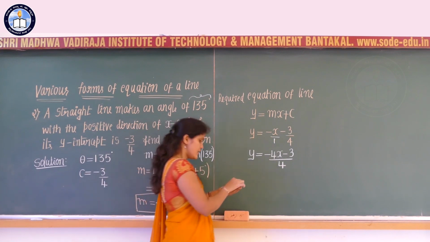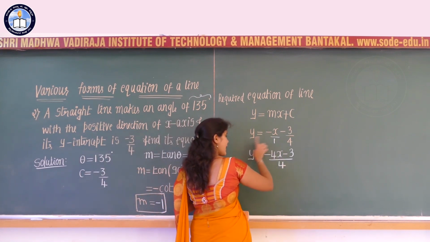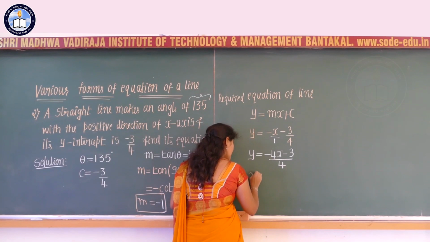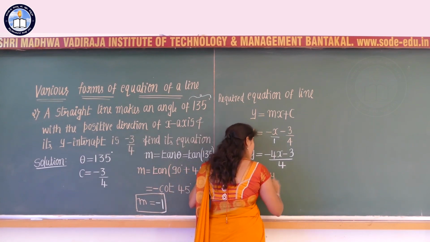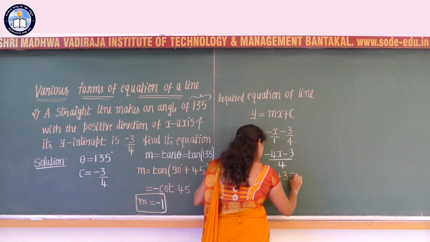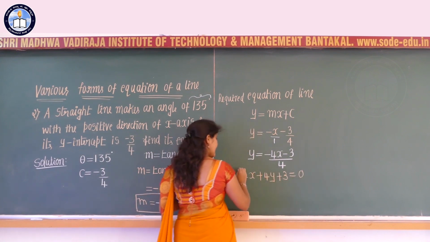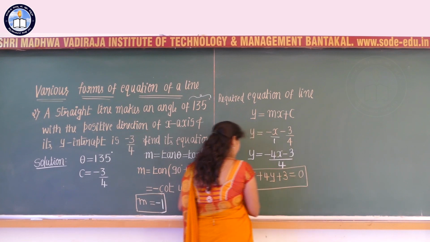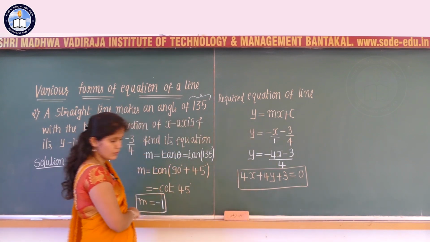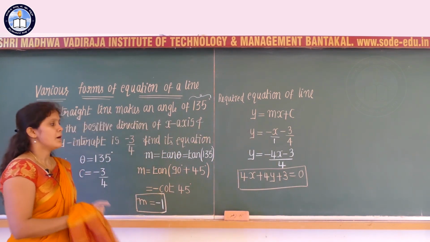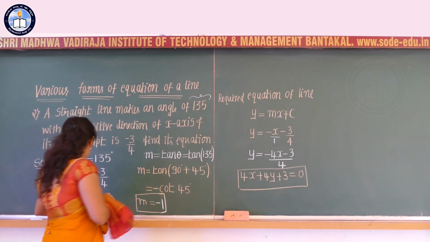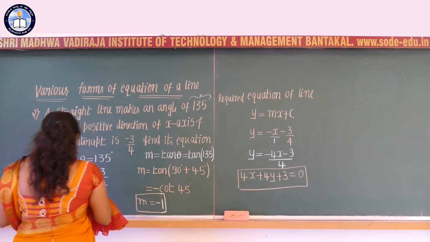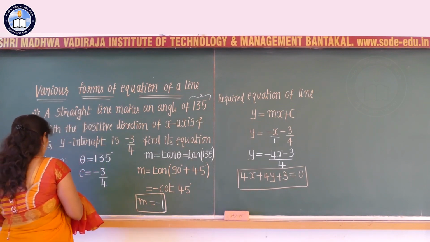So this is also equal to minus 4x to the LHS, that is 4x, 4 into y, that is plus 4y, minus 3 to the LHS, that is nothing but plus 3 equal to 0. This represents the required equation of the line, that is 4x plus 4y plus 3 equal to 0, that is the required equation of the line.